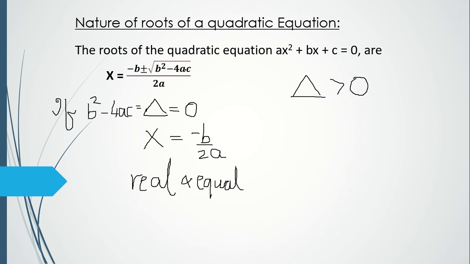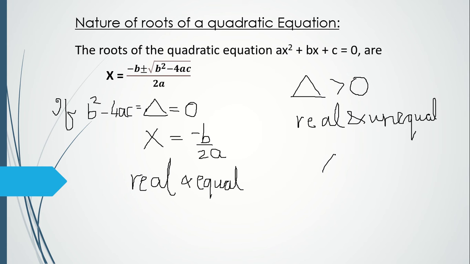Delta is some value, let's say 10 or 12, something greater than 0. Then, depending on the values of a, b, c, we will get two different values given by the formula, alpha and beta. Alpha is minus b plus root b square minus 4ac upon 2a, and beta is minus b minus root b square minus 4ac upon 2a. So in this case the roots are real and unequal. Two different roots you will get in this case.